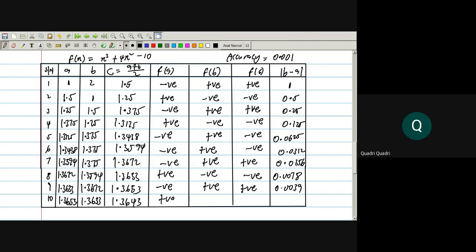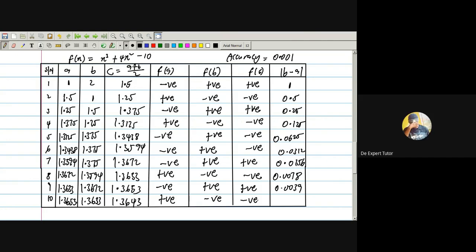1.3653 is positive. This is negative. Negative, yes.